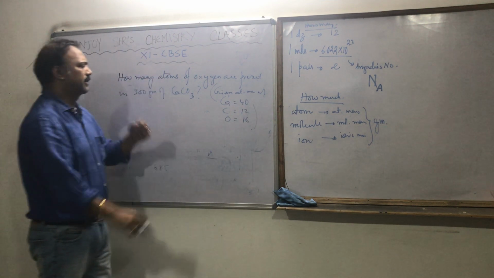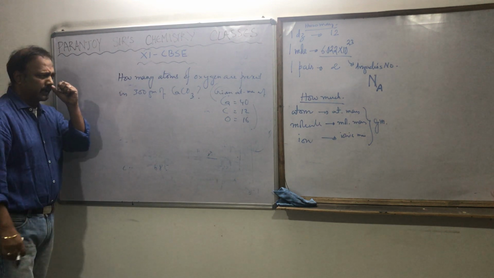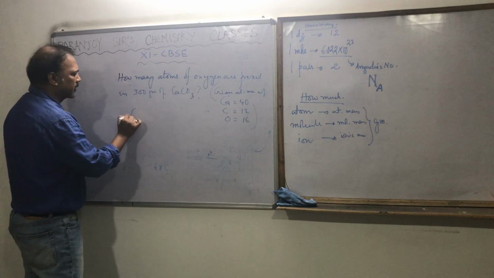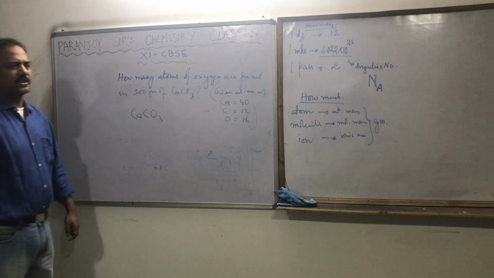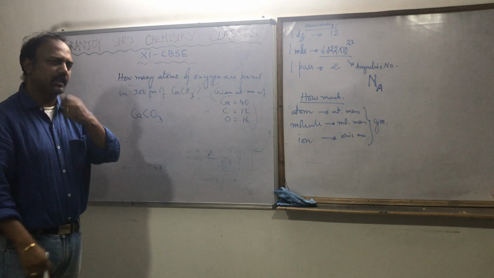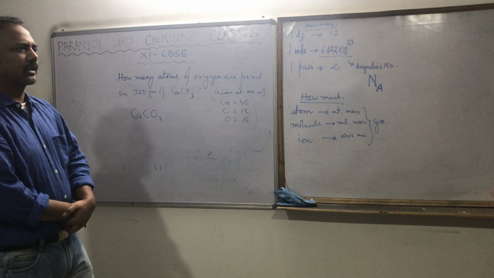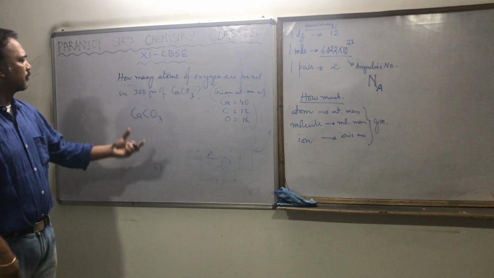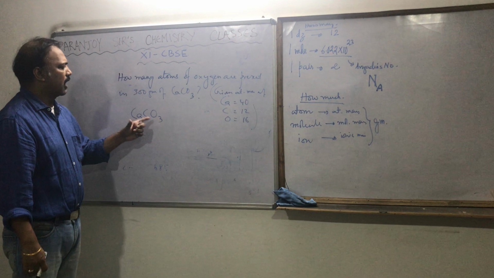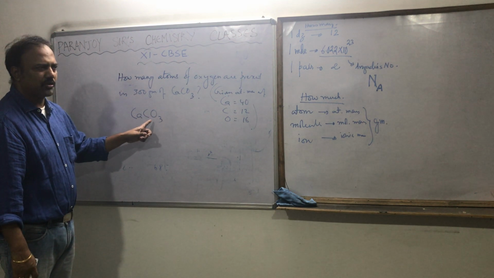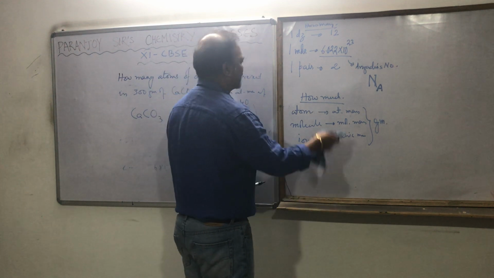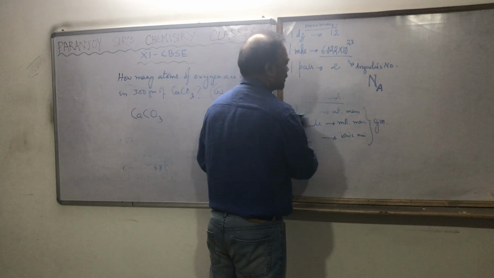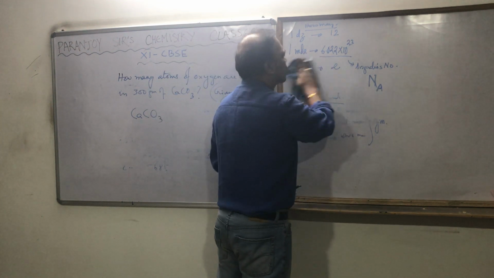Okay, fine. So see, it's very simple again. Calcium carbonate, the formula you should see. In one molecule of calcium carbonate, how many oxygen atoms are there? Can you say it from the formula? 3 oxygen atoms are there. We will write it aside, because we have to find out the oxygen atoms.